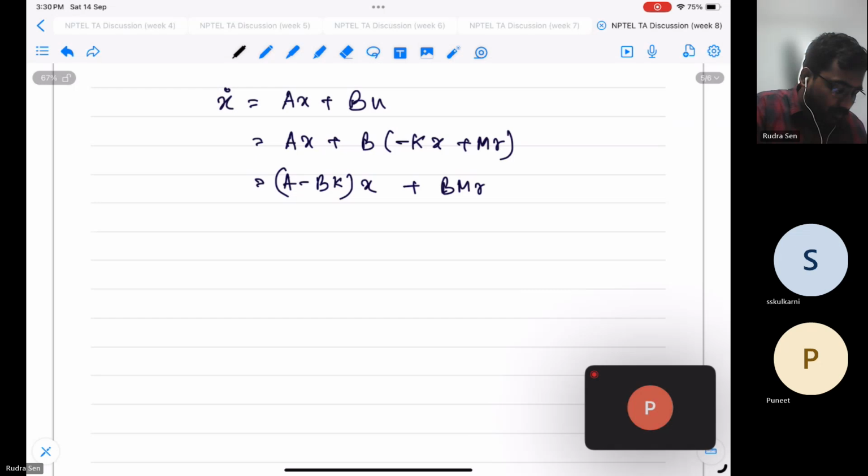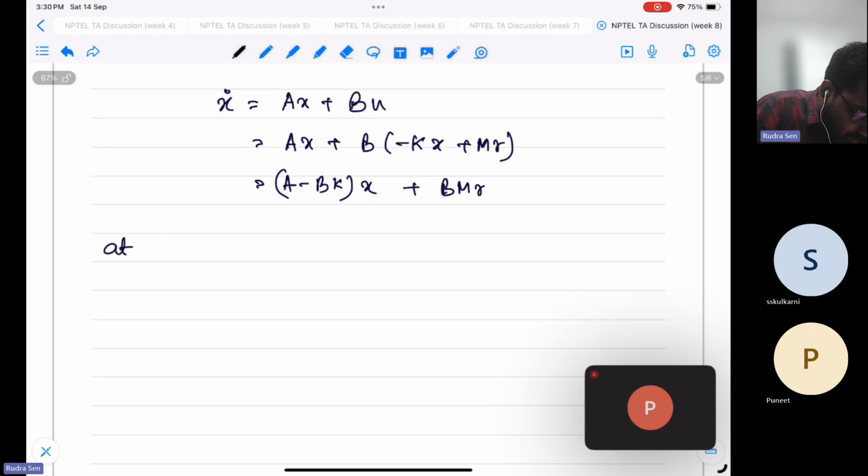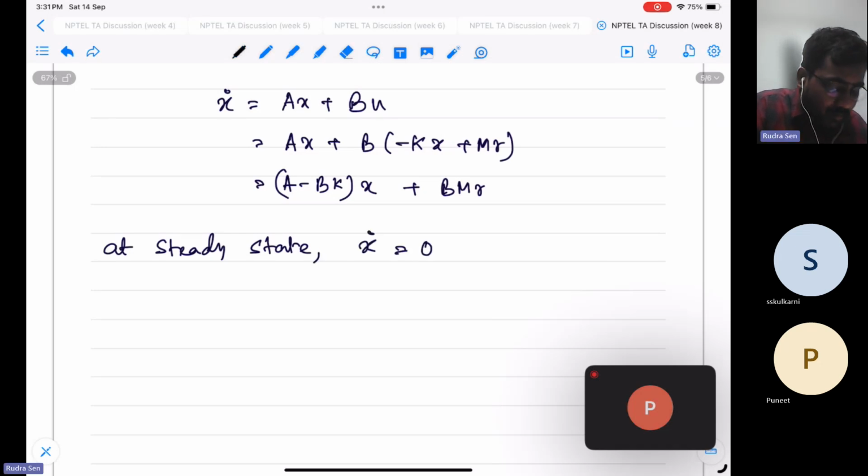We know steady state means this is a constant term, so at steady state, x dot equals 0.